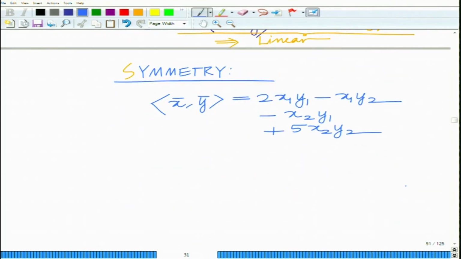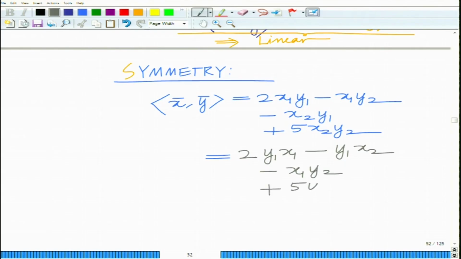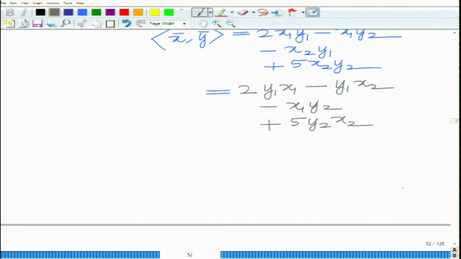And now, this can also be written, without any effort, as twice y1 x1 minus y1 x2 minus y2 x1 plus 5 y2 x2, interchanging the second and third terms, and you can readily see that this is nothing but the assignment y bar comma x bar.